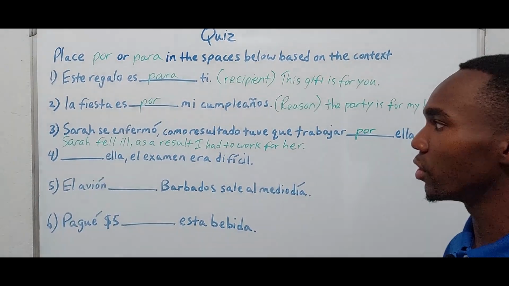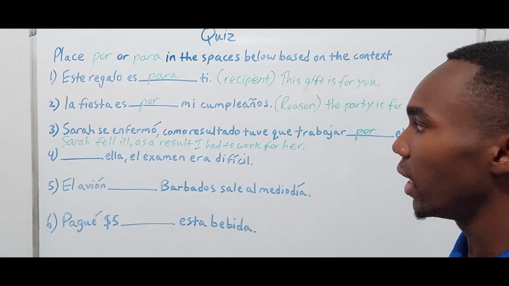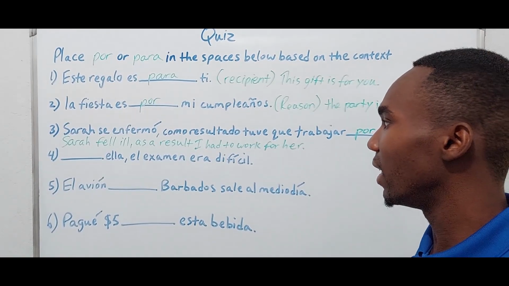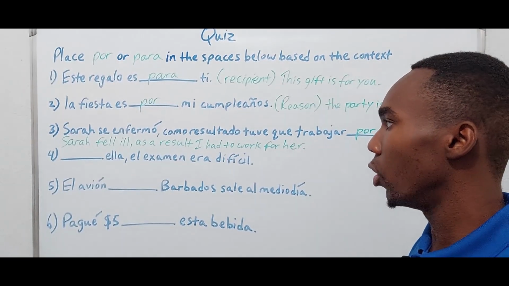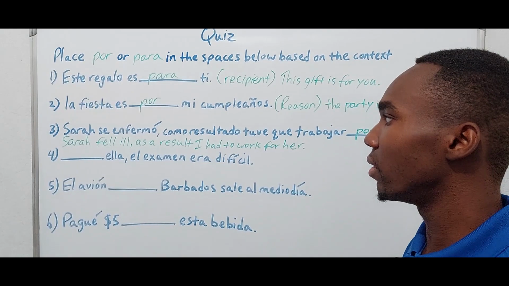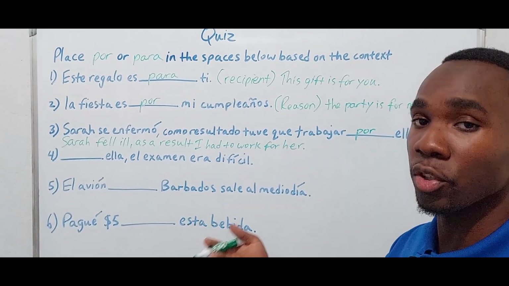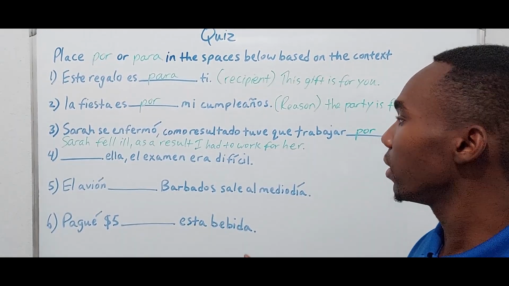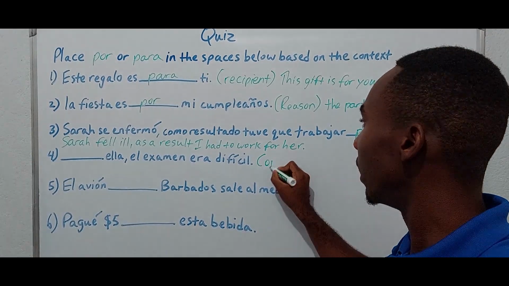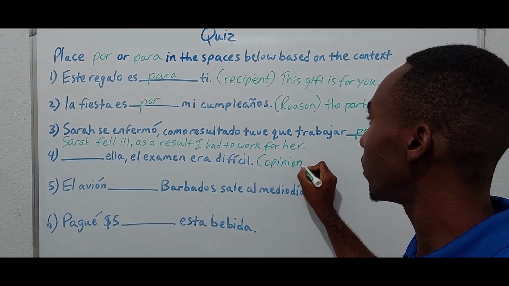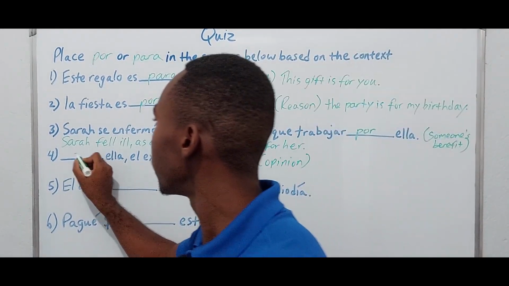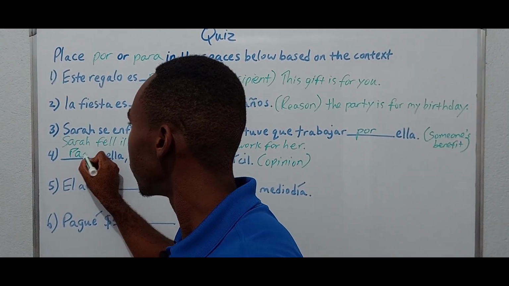So let's continue. 4. ___ Ella, el examen era difícil. Okay? So this is talking about perspective, right? So this means that we need para ella.